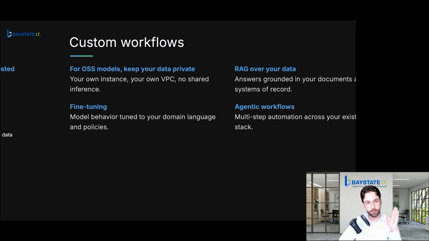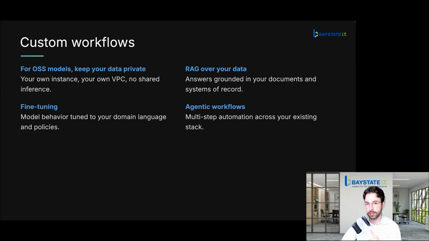So, custom systems, custom setups, custom workflows. On the left-hand side, we have sort of open source model commentary. For open source models, you keep your data private. You run it yourself. No per token, you're paying for your own GPU to run.